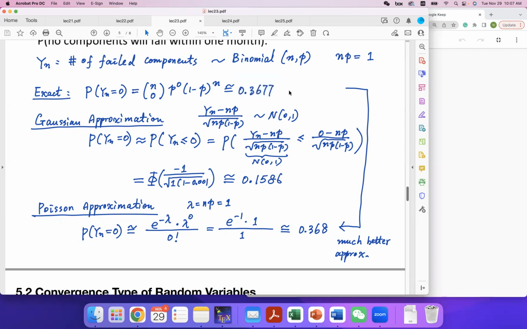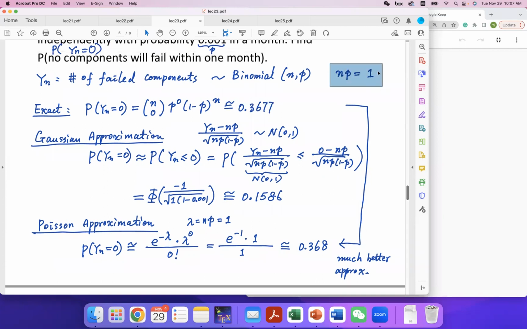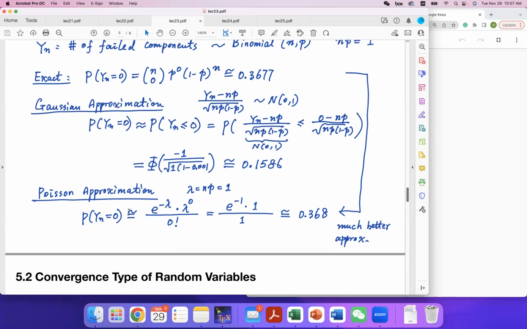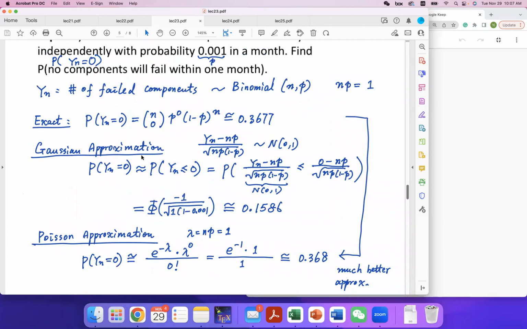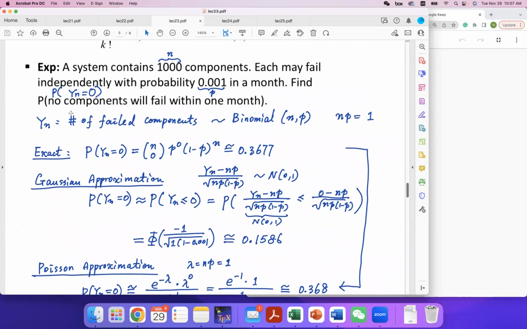So basically, depending on this product, if it is far bigger than 1, we consider using Gaussian approximation. If this product is numerically very small, then Poisson approximation is a much better choice. From these examples, we can see that this is a simple example about binomial distribution.